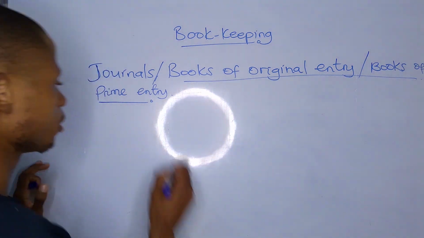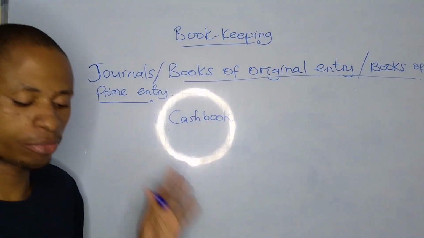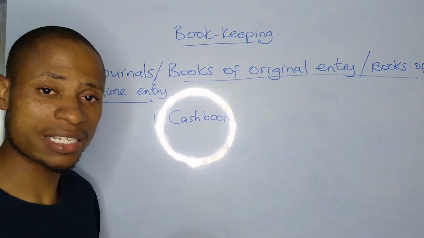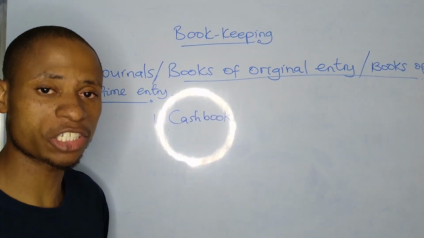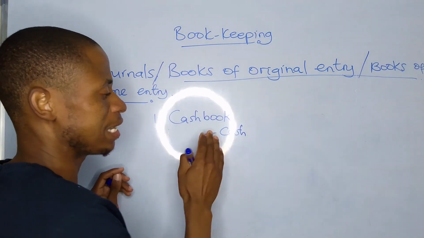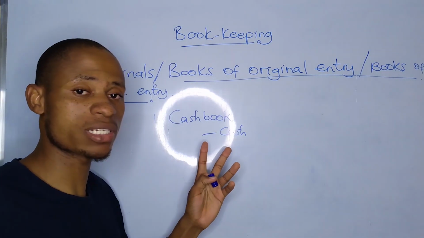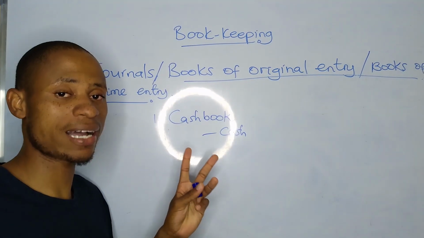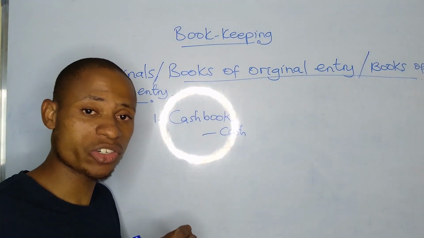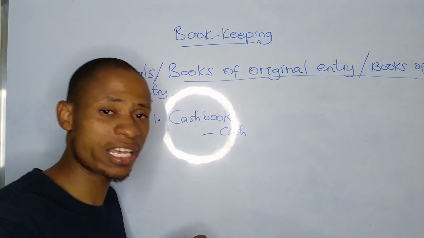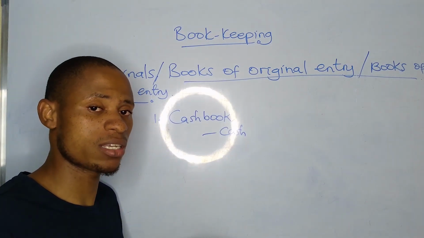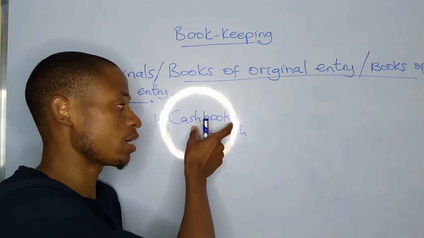Now these books include, the first one, the cash book. A cash book records all transactions relating to cash. So if the business is making transactions where cash is being paid immediately, those transactions are recorded first in a separate journal known as a cash book.